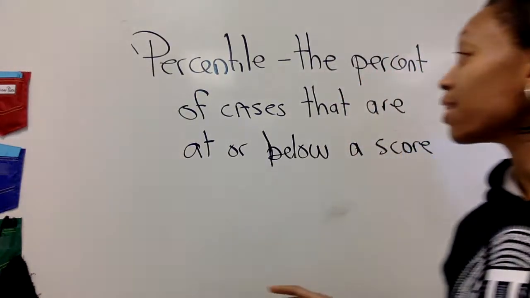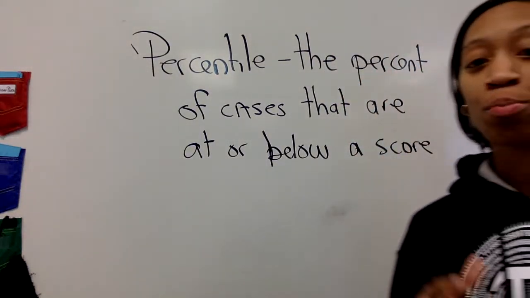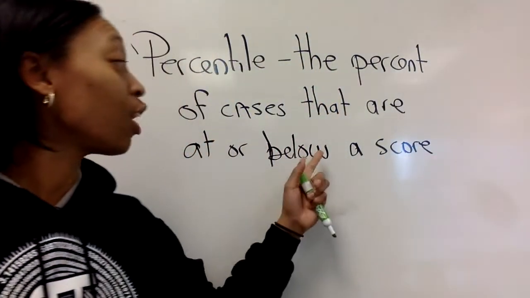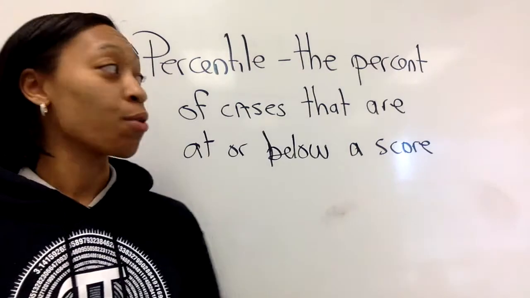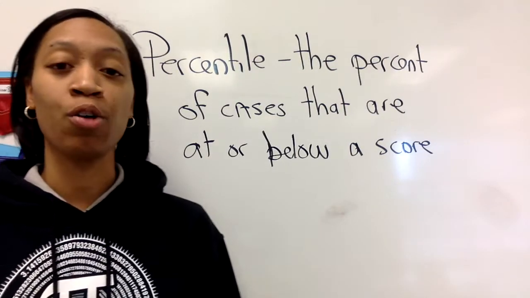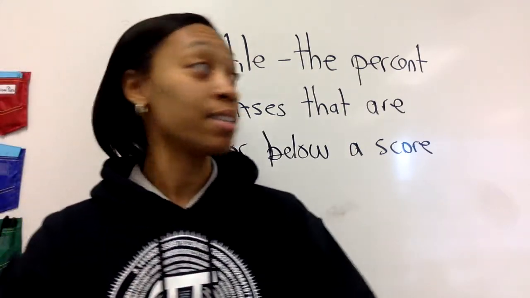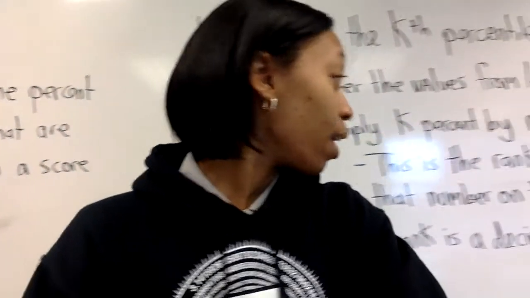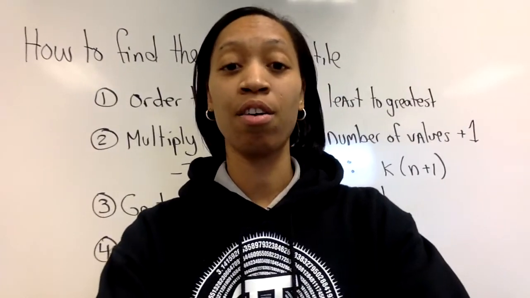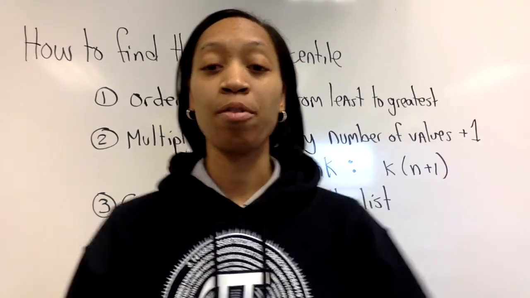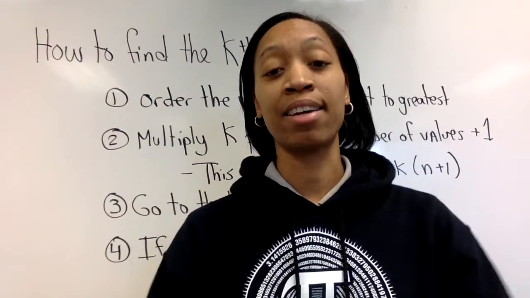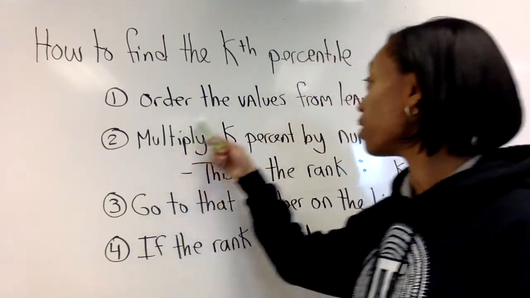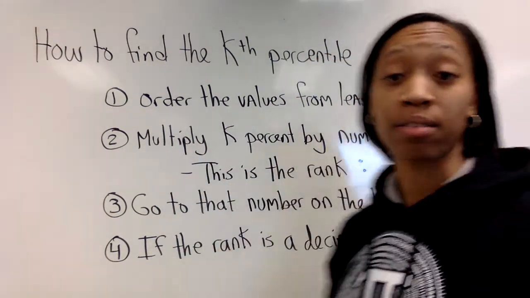Okay, so like I was just saying, the percentile is the percentage of cases that are at or below your score. So let's look at how you find the percentile. Well, there are a couple steps here. The first step is that you need to take your data and make sure that your data is in order. Put it in order from the least to the greatest.